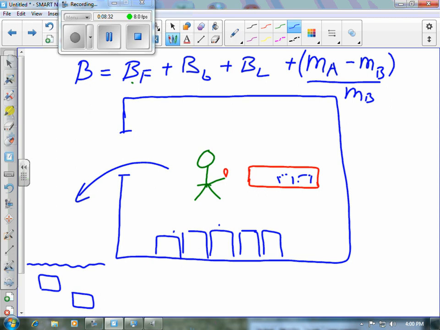A block, for all intents and purposes, still exists, right?